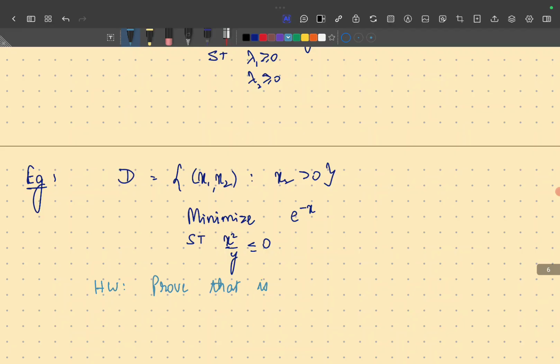x1 squared by x2 squared? No, x1 square by x2. That's it.